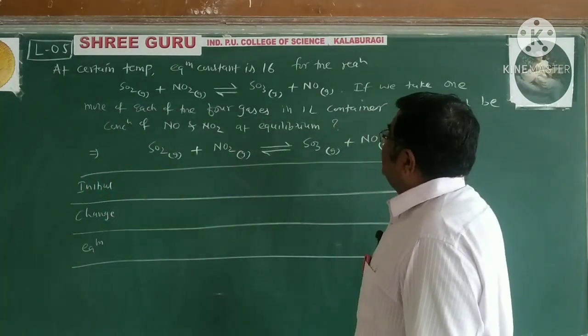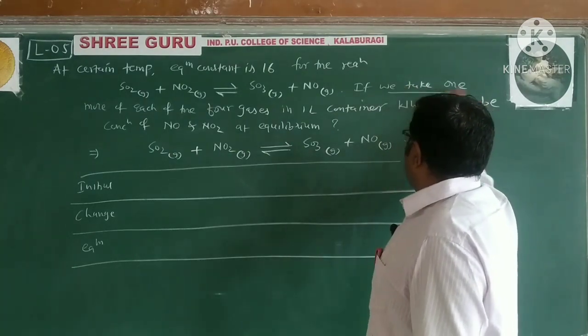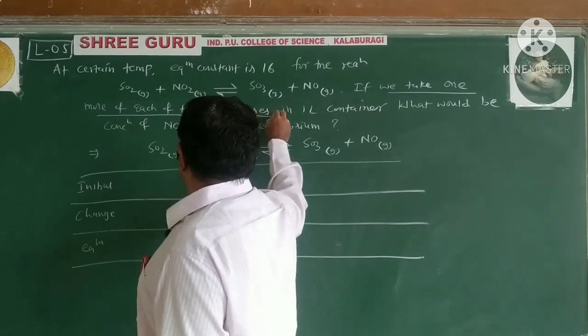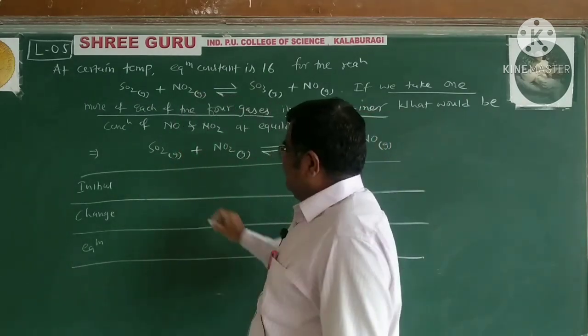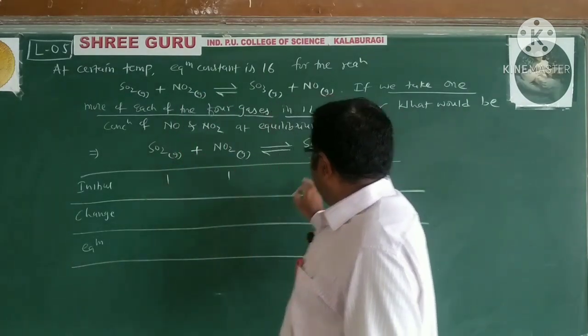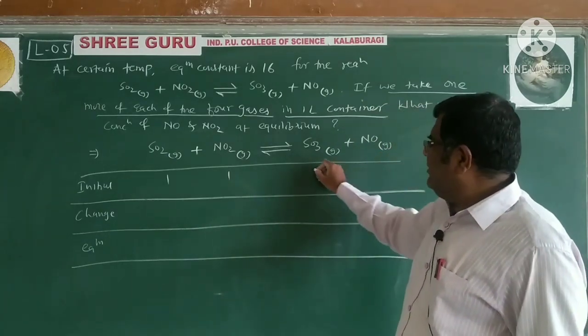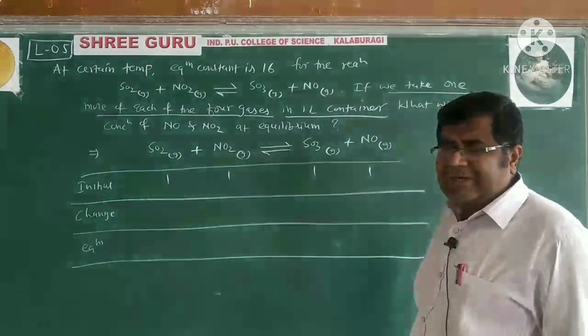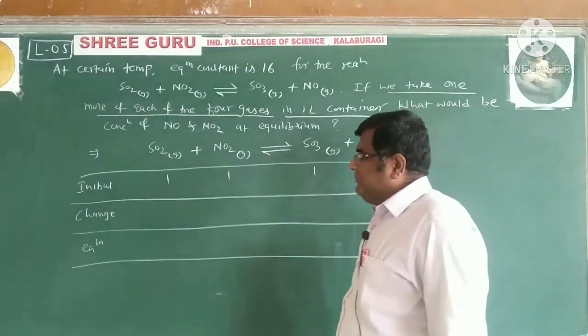What they said: we take 1 mole of each of the 4 gases in a 1 liter container. So 1, 1, not 0, 0. This also 1 and this also 1, because they have given clear instruction in the question.